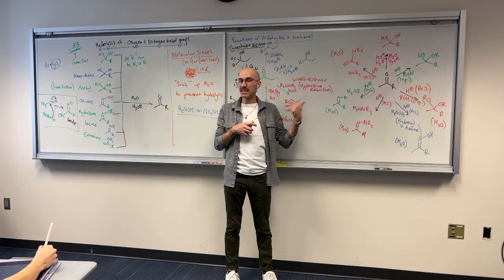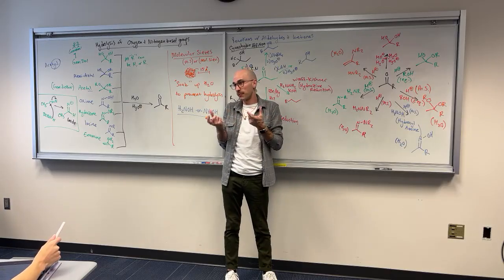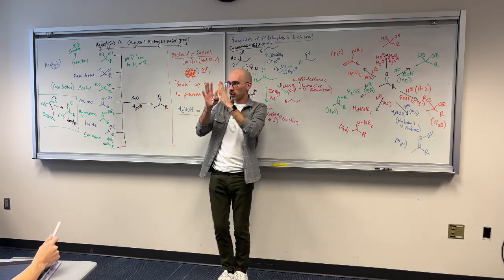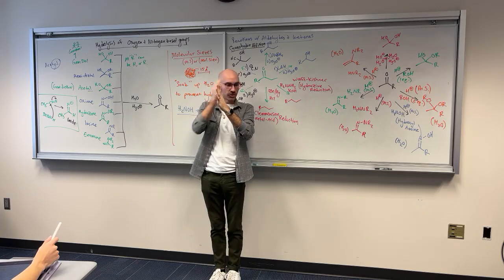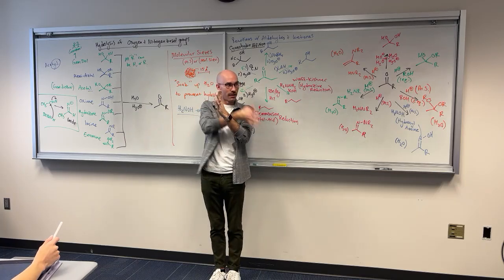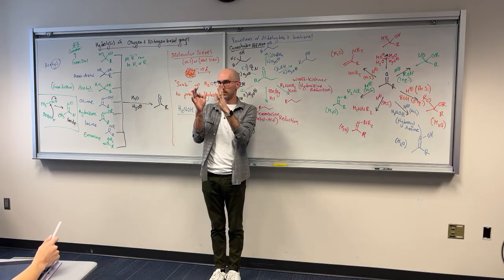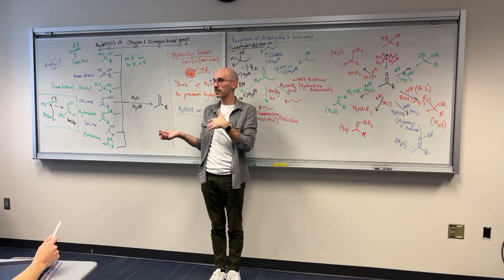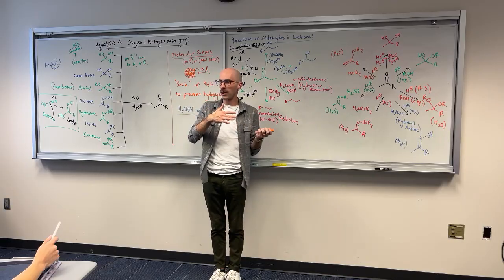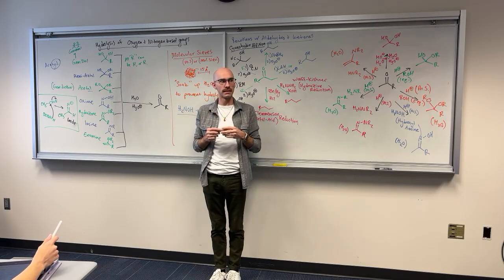That means enamines can't form from certain functional groups. If your carbonyl has no hydrogens on the sides of it, then your carbonyl cannot form an enamine. You need to have at least one hydrogen adjacent to form the enamine.